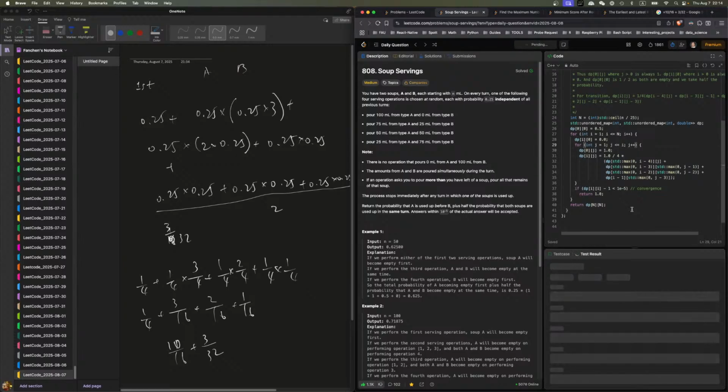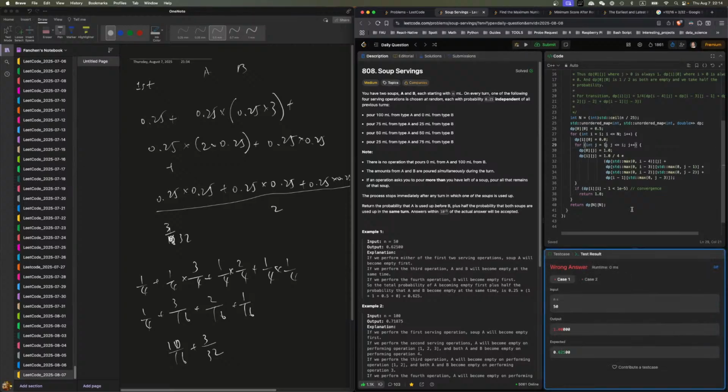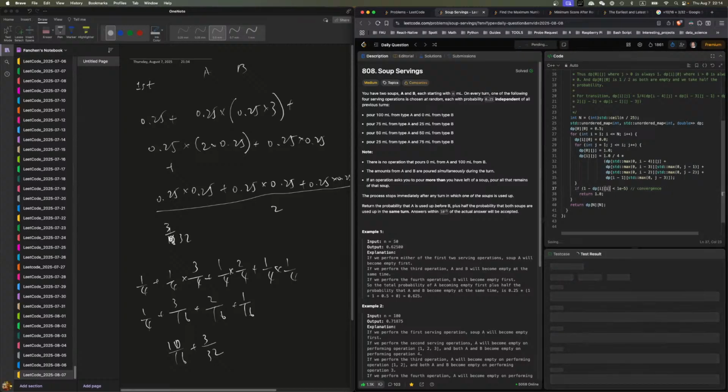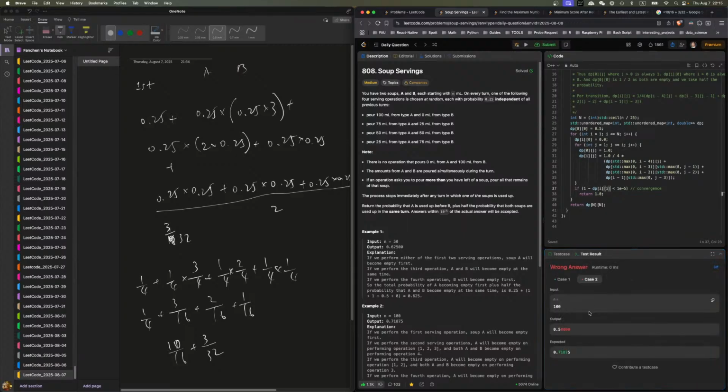Yeah, I think it should start from 1. That is very wrong. I think maybe it should be like this. It's approaching 1, but it doesn't reach 1. This one's right, and this one's wrong.